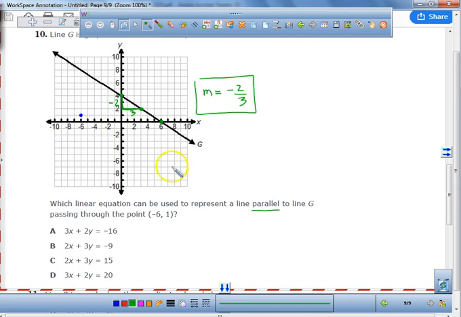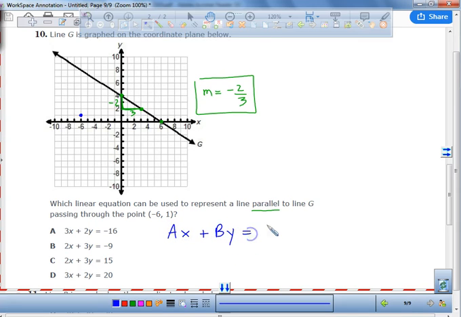Now, are these in slope-intercept form? No, they're in standard form, AX plus BY equals C. When it's in standard form, there's a cool way to find slope. It will always be the negative A value divided by the B value. That's a cool little trick without having to change every single one.